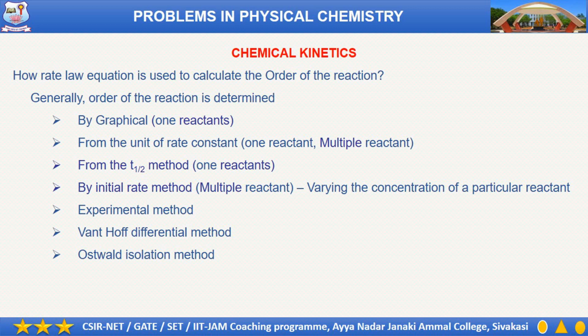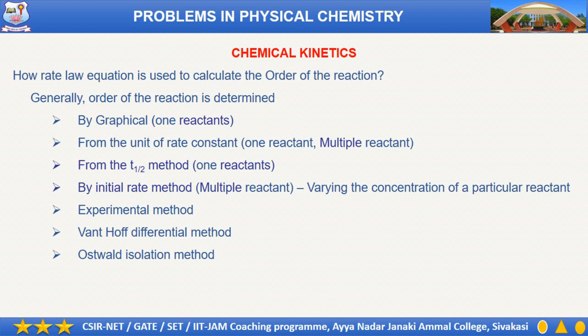From the unit of the rate constant, you can determine the order of the reaction. With these problems, we have already seen this. And the third is from the T-half method. The T-half method, we are going to see the problems in the next few minutes. Fourth method is the initial rate method.